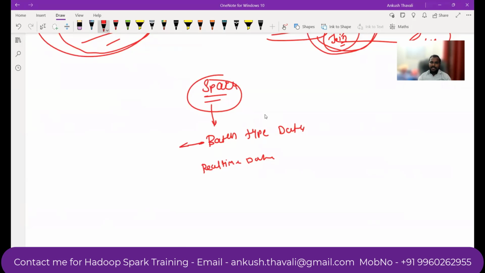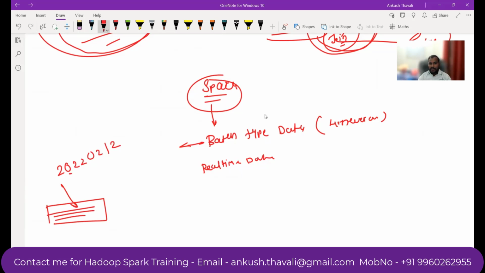Batch type of data means historical data. Let's assume I'm getting a file daily from the client. Yesterday I got the file, and yesterday's date was 2022-02-12, so I got the data of 12th of February from the client.